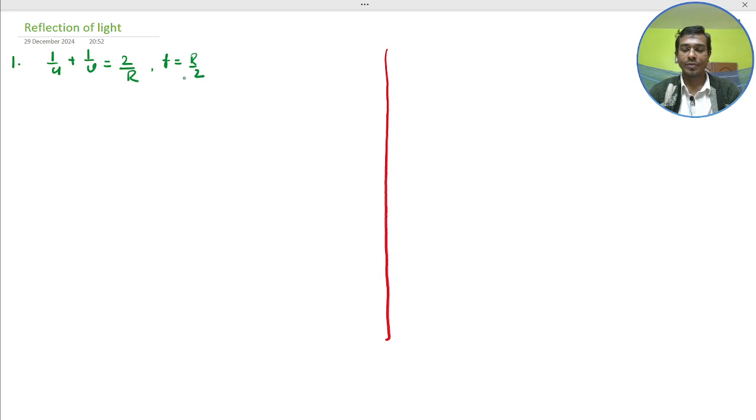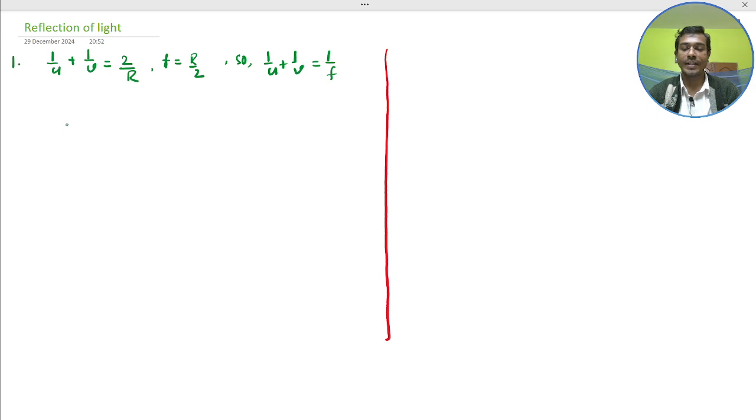So we write that 1/u plus 1/v is equal to 1/f, where u is the object distance, v is the image distance, and f is the focal length.